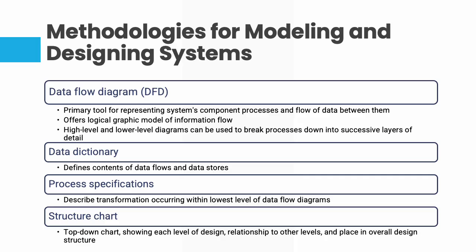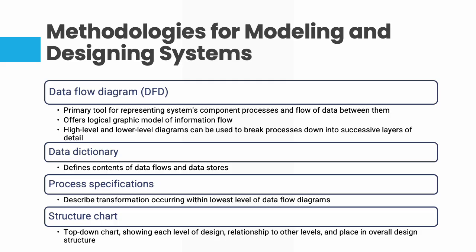Okay. Apart from that, we also have the data flow diagram (DFD). So this is like a map that shows how the information moves through the system. It uses simple symbols to represent the process, like circles, and then the data flows use arrows, and then the storage uses rectangles.